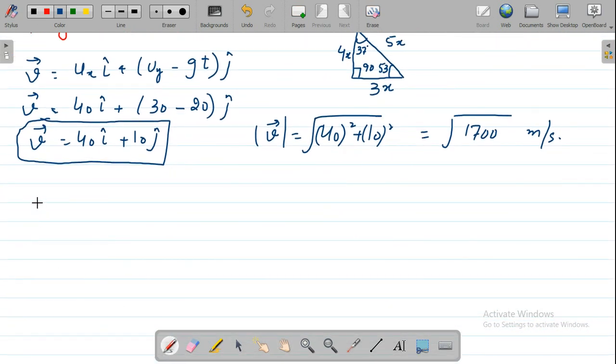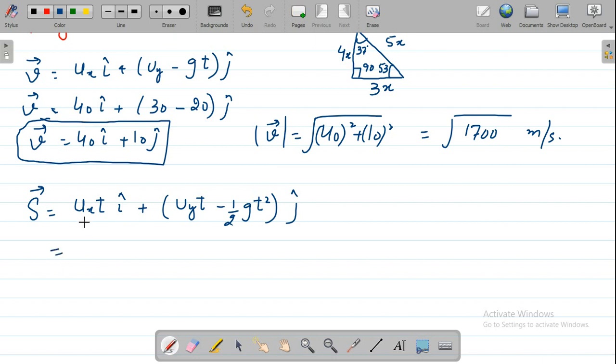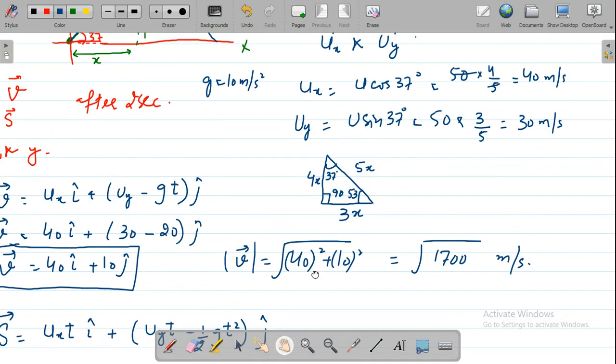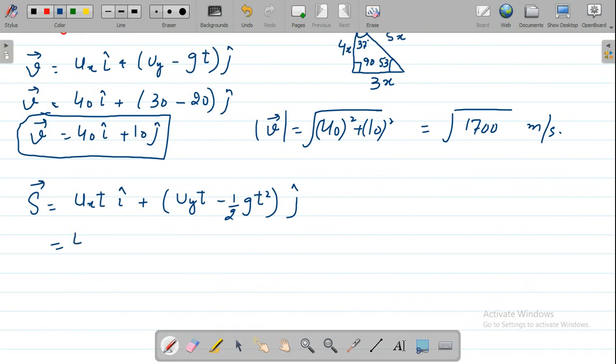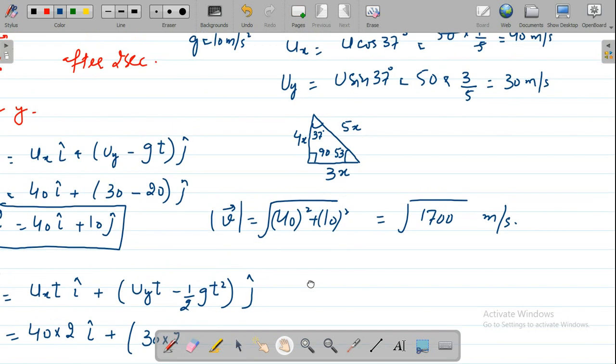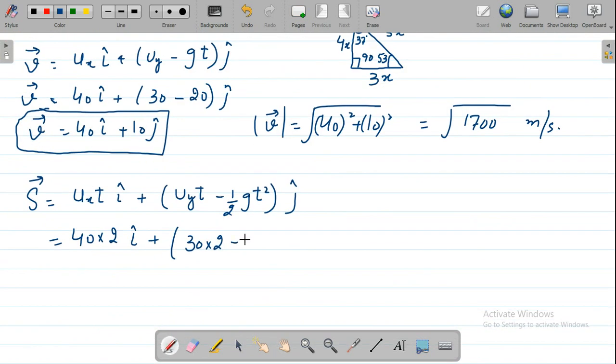So for displacement s, we know the formula, that's ux t i cap, that's the x component, plus uy t minus 1 by 2 gt square j cap. So ux is 40 into time 2, that's i cap, plus 30 into 2, uy is 30, minus 1 by 2 into 10 into 2 square j cap.